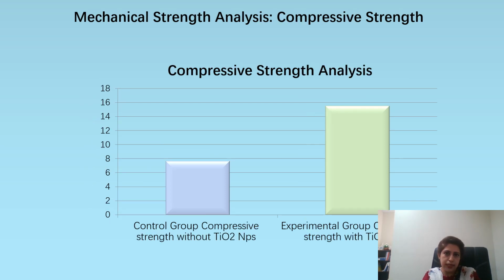In this next slide, the compressive strength analysis was done where again the control group without titanium oxide nanoparticles elaborates the lesser value as compared to the experimental group that was having the titanium oxide nanoparticles. It completely shows that the mechanical strength of the novel dental restorative material containing the titanium oxide nanoparticles was enhanced as compared to the conventional dental restorative material without titanium oxide nanoparticles.